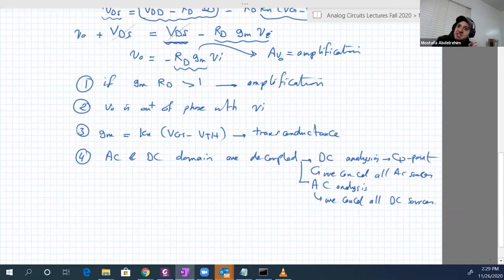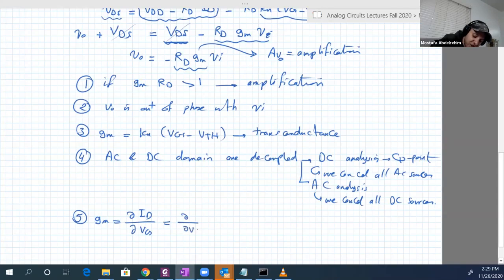And actually, this mysterious transconductance can be derived in another way. We knew from the BJT that gm is the partial derivative of the output current with respect to the input voltage, so partial IC over partial VBE. Here, it's also partial ID with respect to the input, which is VGS.